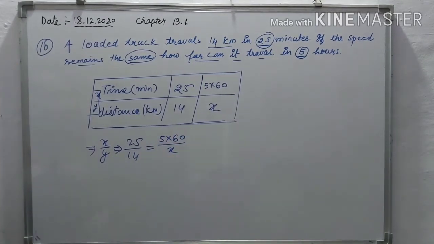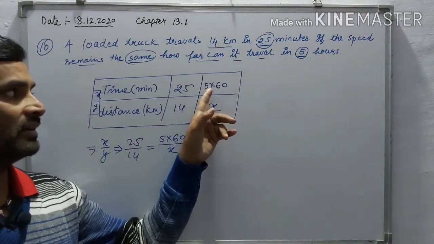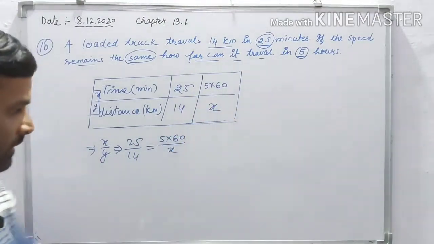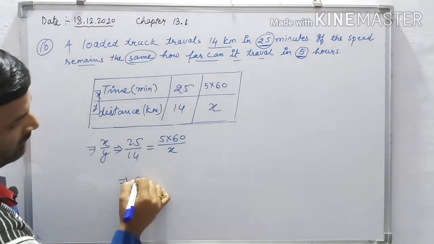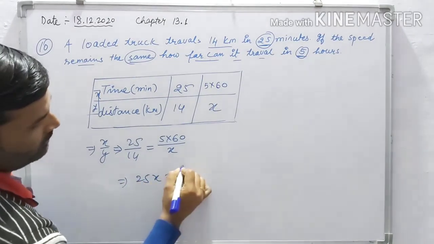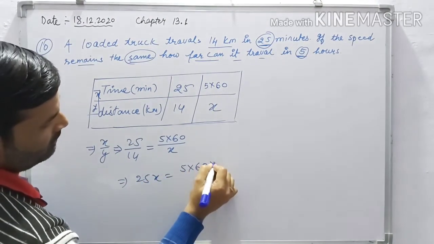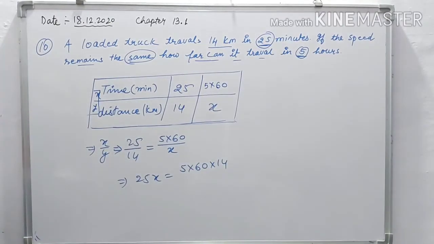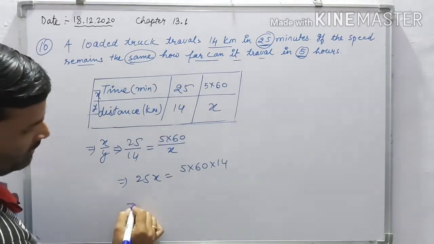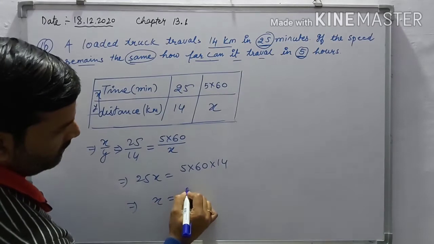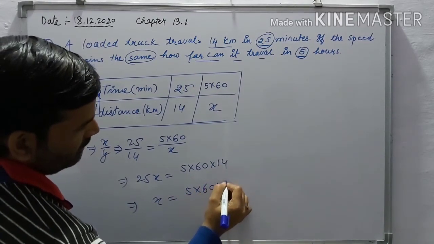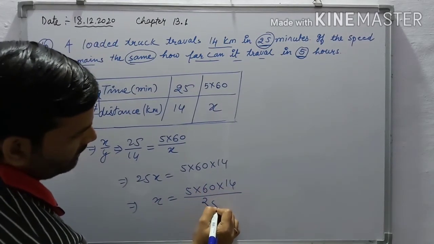Why do you multiply by 60? Because multiplying by 60 changes the hours into minutes. Now 25x is equal to 5 into 60 into 14. So x is equal to 5 into 60 into 14 upon 25.